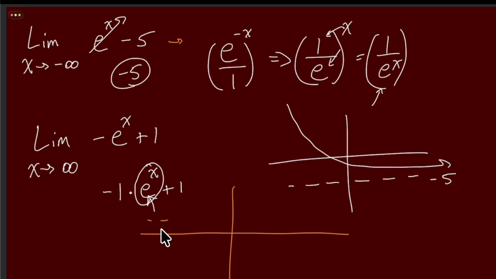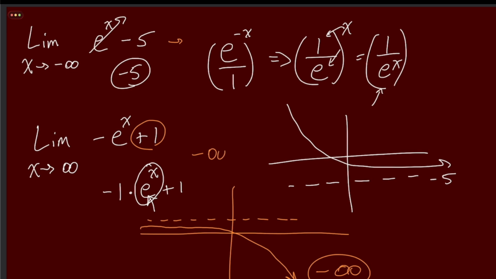So here our horizontal asymptote is going to be +1. We're going to have a growth function in that it moves away from the horizontal asymptote as we move left to right, but it does so beneath the line y equals 1. So this y value is headed towards -infinity, and that's our limit for this example.